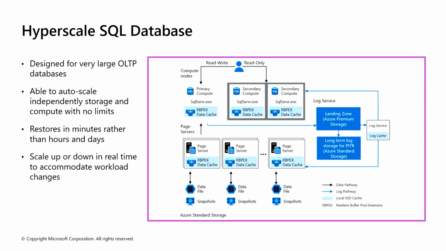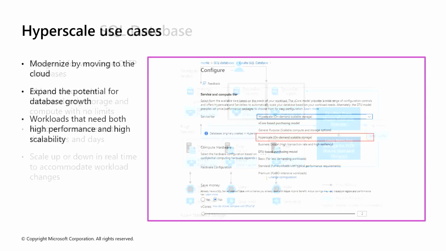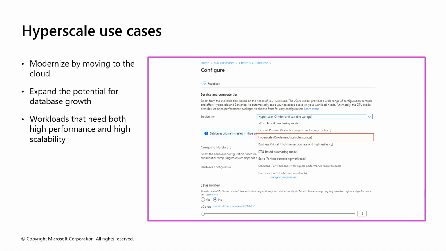Hyperscale is especially beneficial when workloads demand rapid elasticity, minimal downtime, and efficient resource usage, as you are billed for the capacity consumed. Now let's take a look at a few Hyperscale use cases.